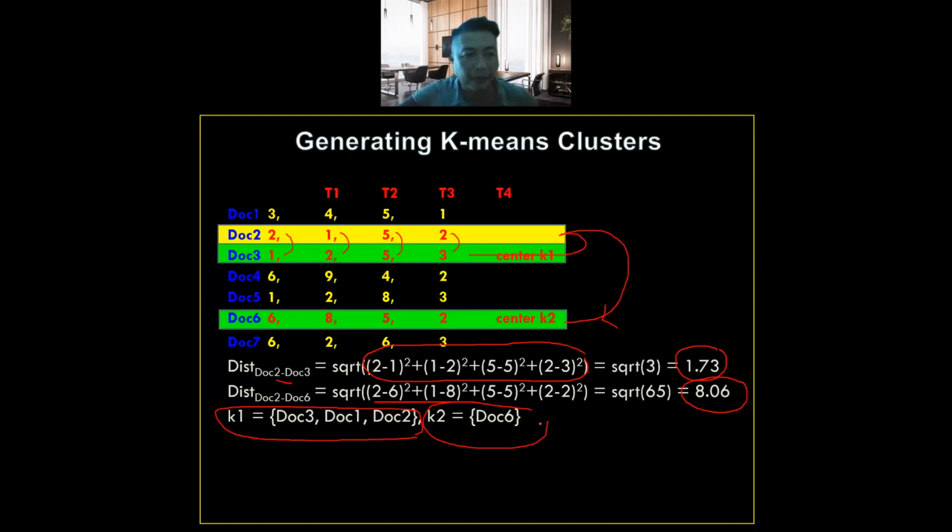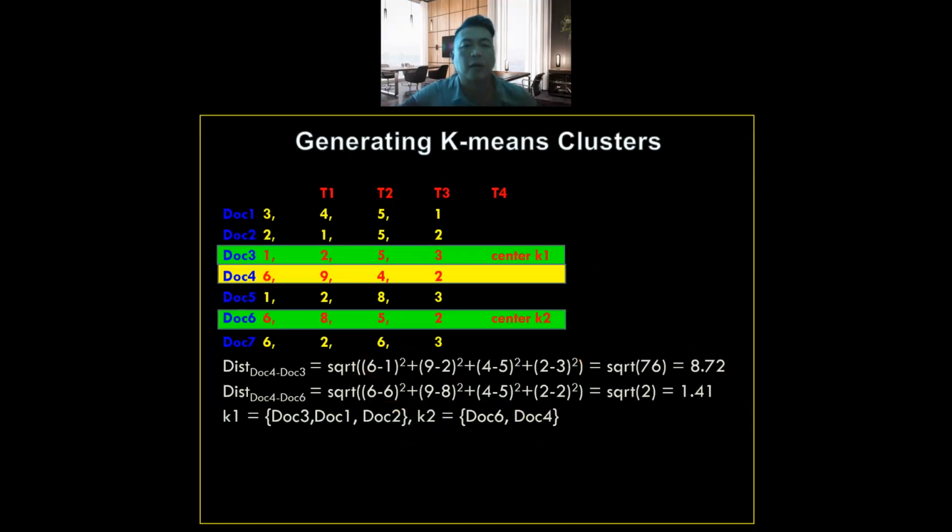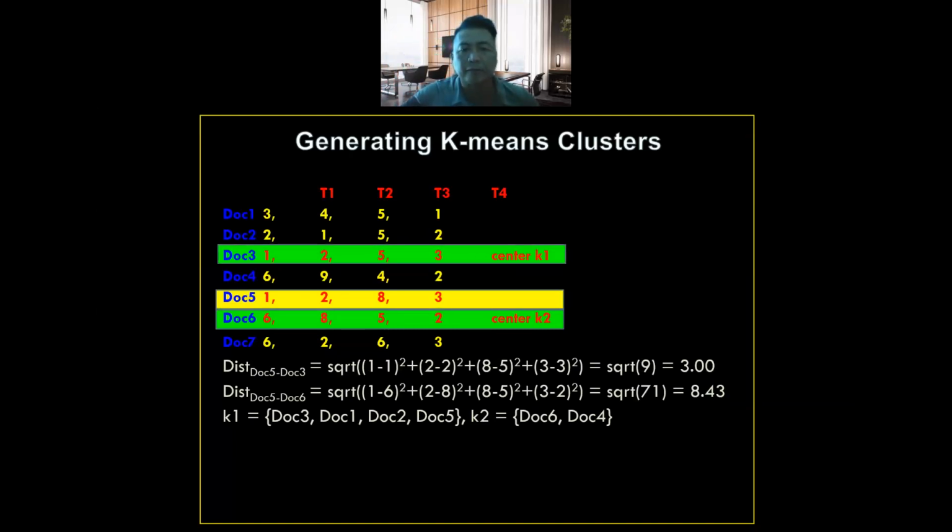I will repeat for document 4. Document 4 should belong with document 6, so I put document 4 in the same cluster as document 6. I repeat for document 5.